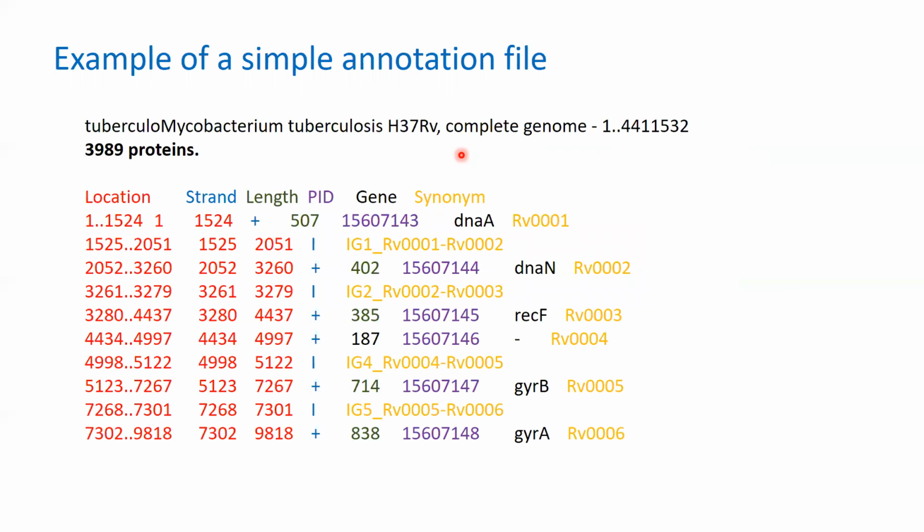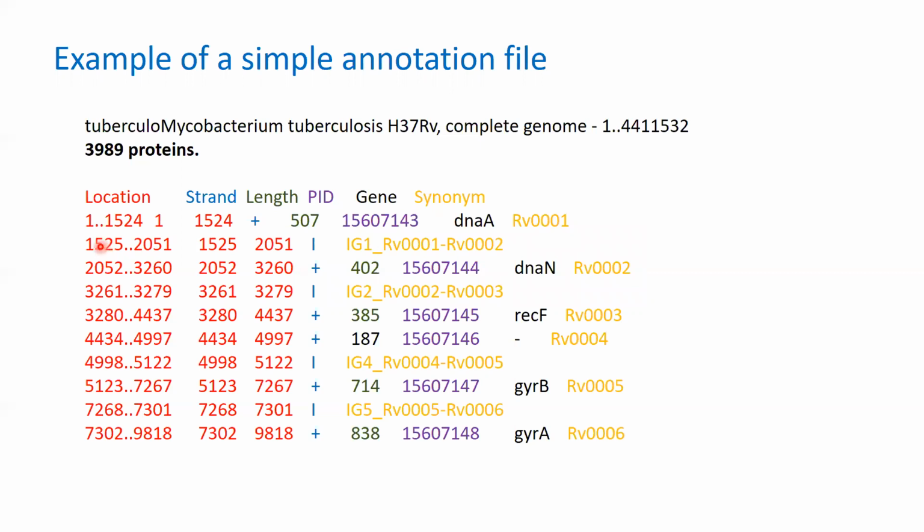One way we annotate is to compare our genomic variants to a file that describes all the genes on our reference genome, and this is what I'm showing you here. I'm showing you part of that file. In each of the lines, you have the attributes of a gene or of an intergenic region.